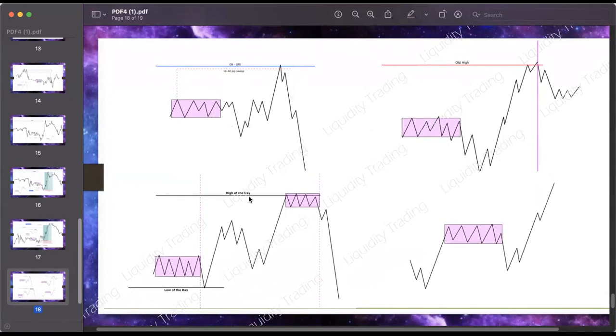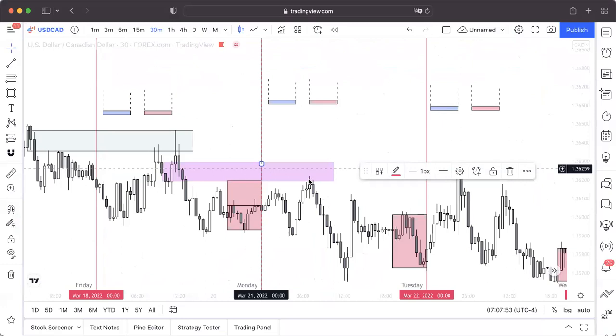Again, it's just pattern recognition. So you notice it, and all you have to do is look for the entry. You know what to look for, you know the time, and you also know where to close the trade at the end of the day. So once you follow this, I think everything will be pretty simplified.